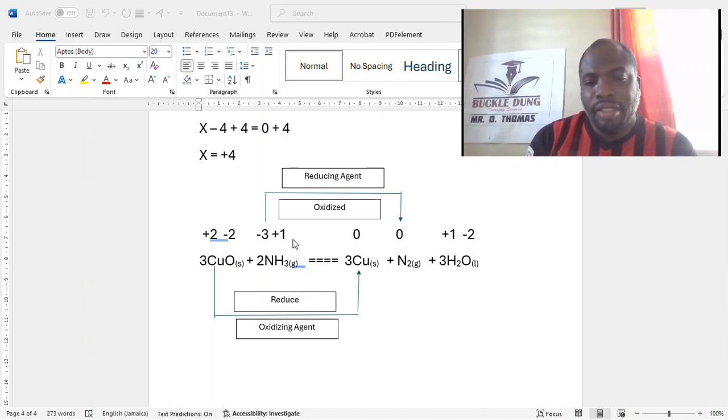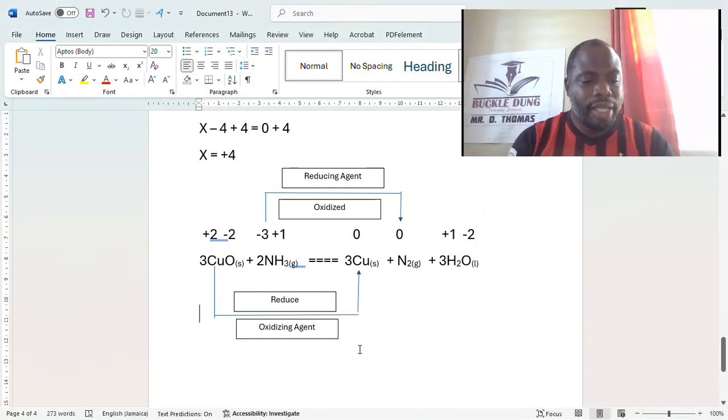So in any case, what you should always know is how to assign oxidation numbers or oxidation states for any atom in any compound in an equation, and you will be able to use that to deduce who is being oxidized, who is being reduced, who is an oxidizing agent and who is a reducing agent. Any questions?